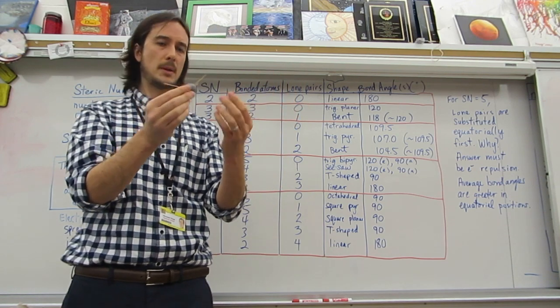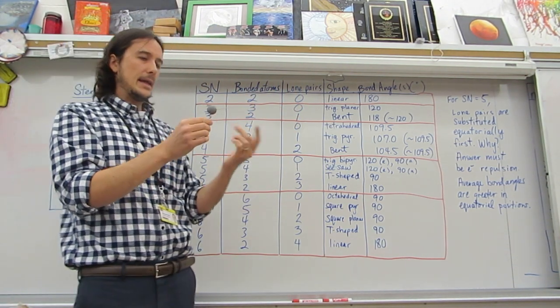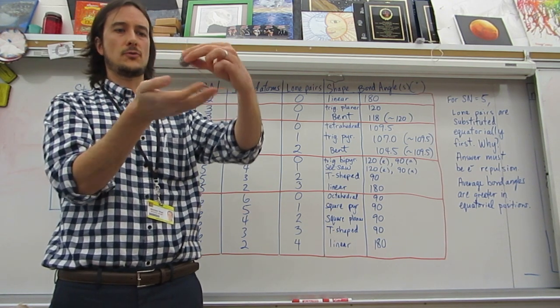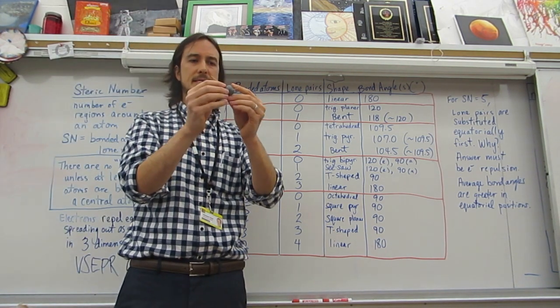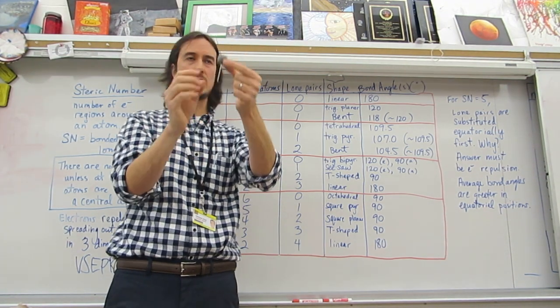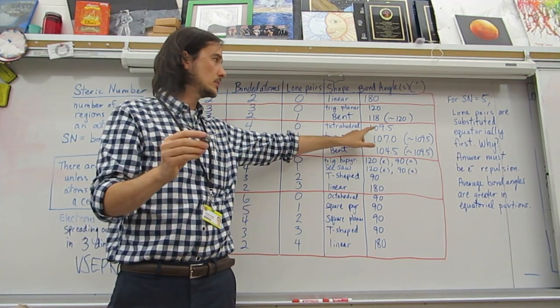That's a number that you're going to remember. And this shape is called tetrahedral. So if you had a die that was shaped like this, it would be 4-sided. So this is tetrahedral, and bond angle is 109.5.